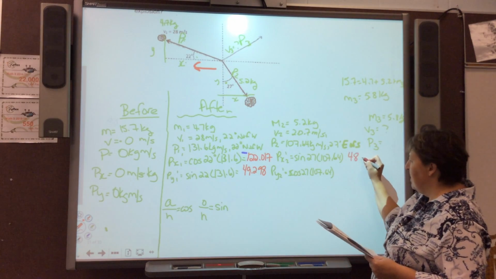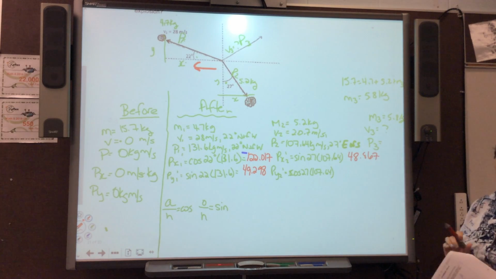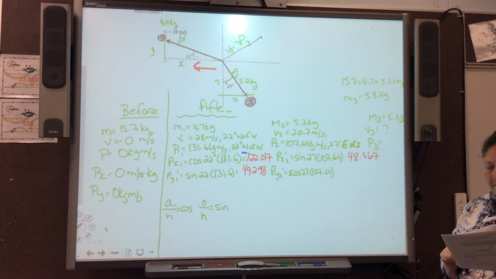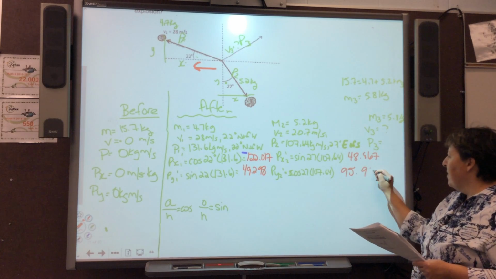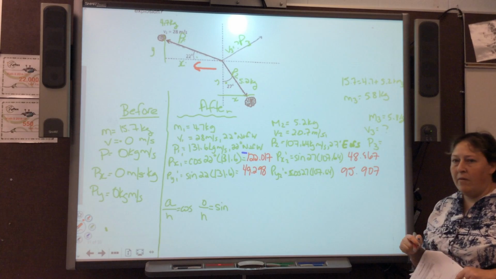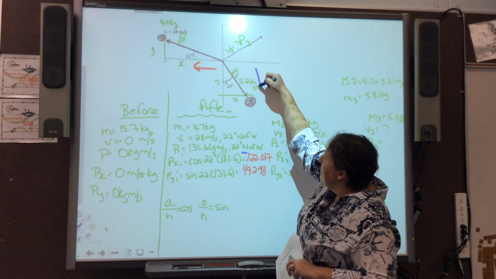And y2 is 95.908, I guess, rounded. And what do we know about that one? It's negative because it's in this direction here.